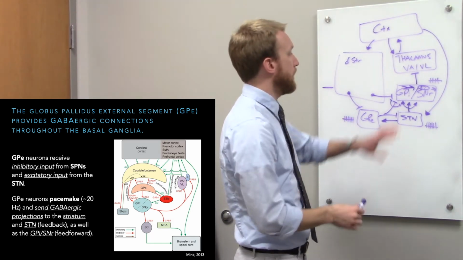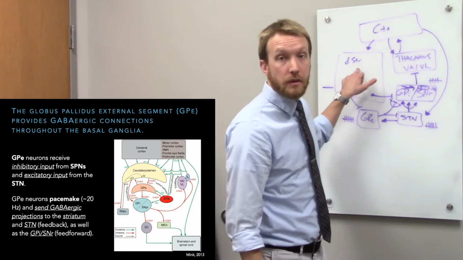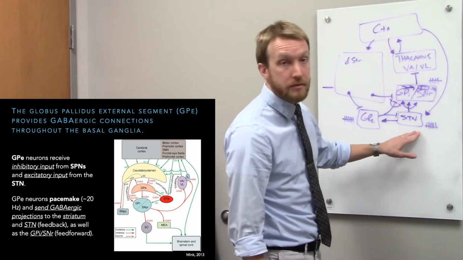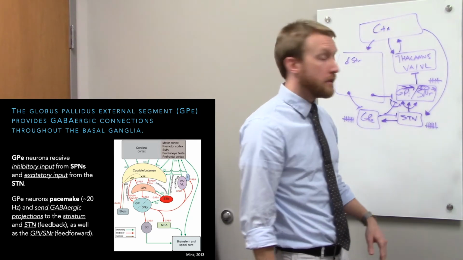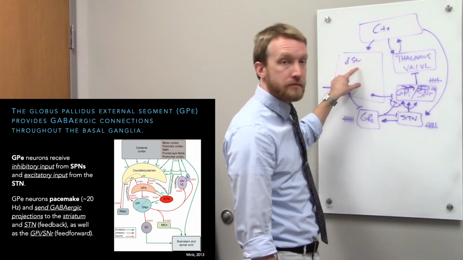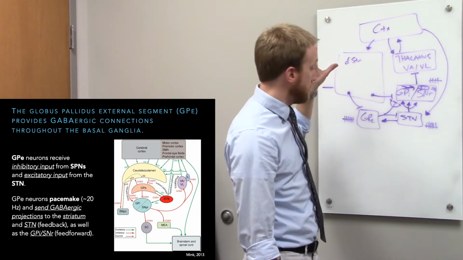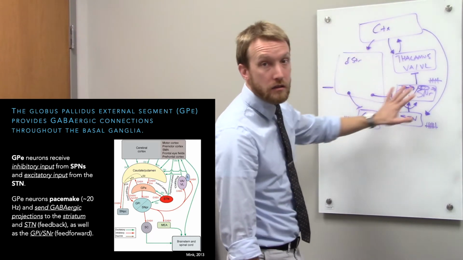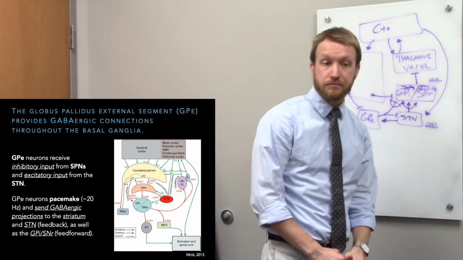So everywhere pacemakes except the spiny projection neurons in the dorsal striatum. Everywhere is GABAergic except the STN. Now the GPE also provides some feedback to the dorsal striatum. Like I said, it's a bit of a mess, but we're going to leave that off here, tell a little white lie, and try to put our basal ganglia together.